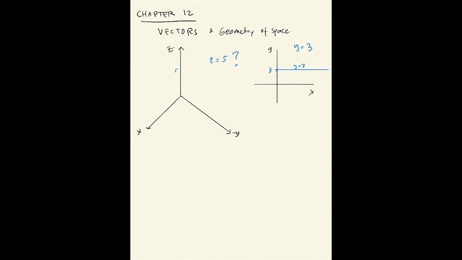So back to the three-dimensional. Z equal 5. Will it be dot, line, or what? Yeah, it's a plane. It's a surface. Okay.